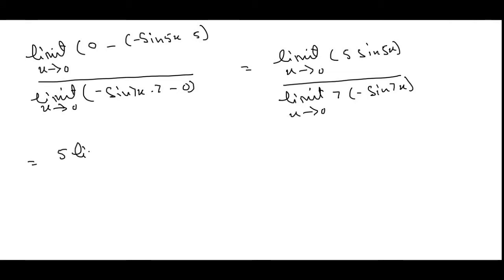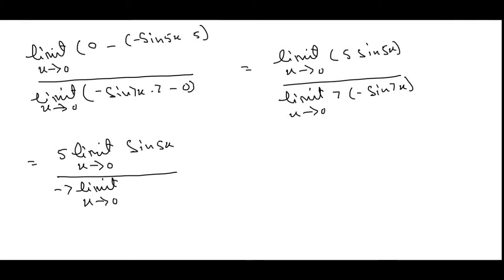5 limit x approaches 0, sine 5x over minus 7 limit x approaches 0, and here it was actually sine 7x.